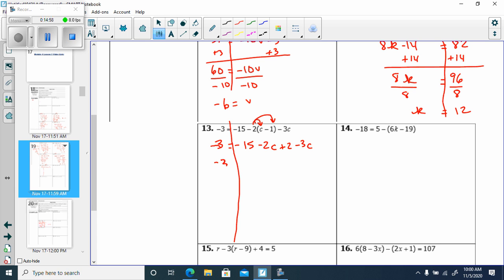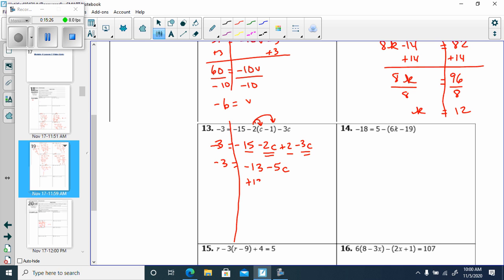Negative 3 then is equal to, let's collect like terms. I've got negative 15 plus 2, which is negative 13. Negative 2c minus 3c is negative 5c, correct? Now we have a two-step equation. It's pretty simple. All right, now guys, I need to get the c by itself.